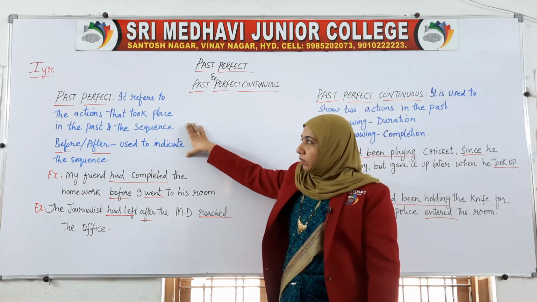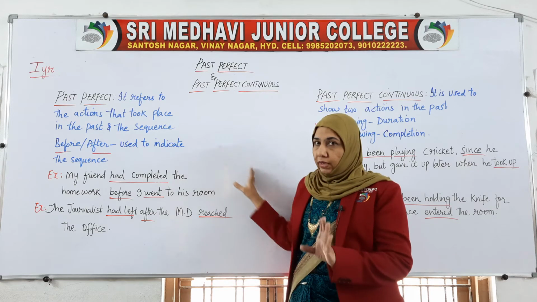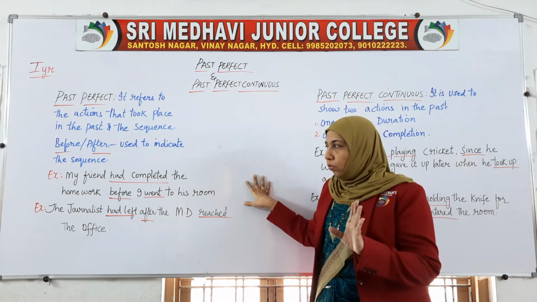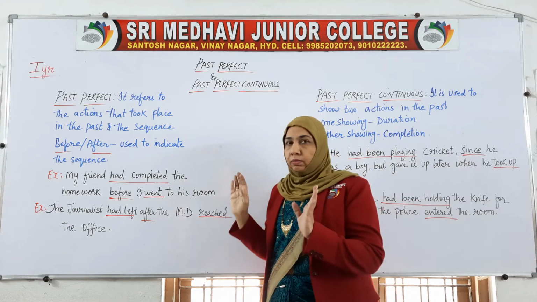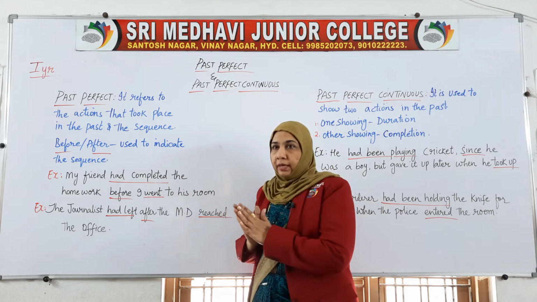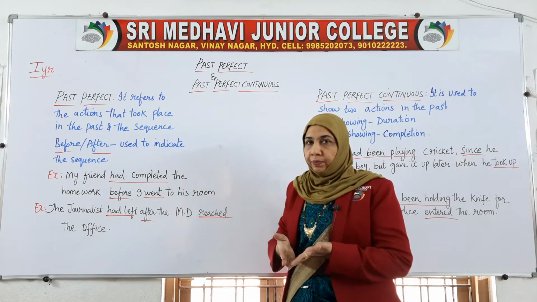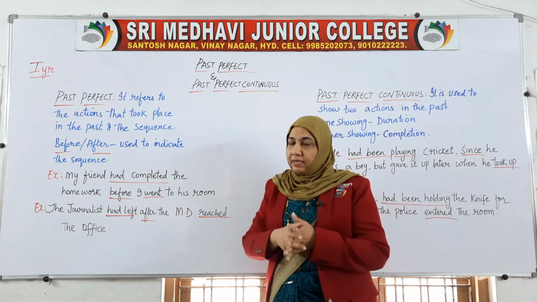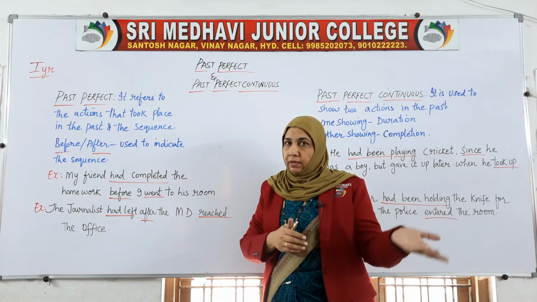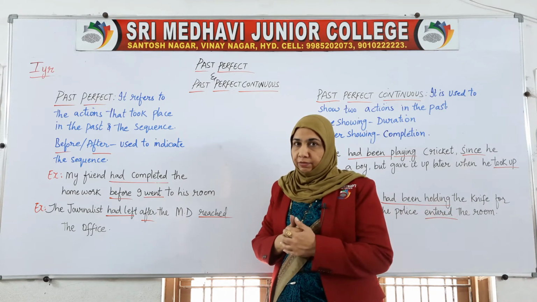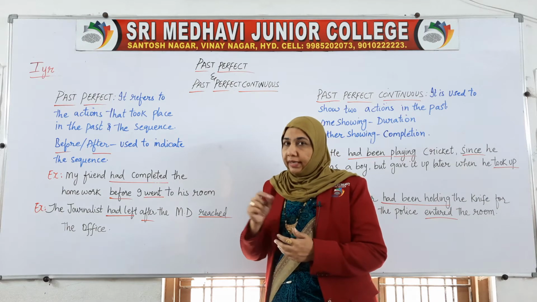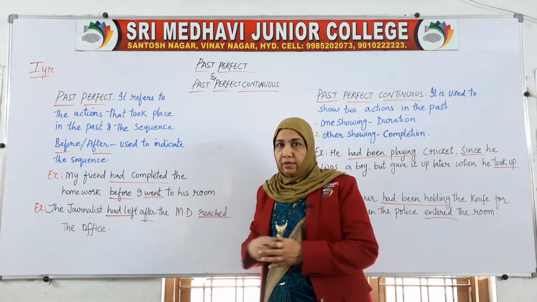This is not difficult if you try to get it, and mostly this is not used much in conversations. We use simple past or the present tenses more in conversation, but while writing this is counted.